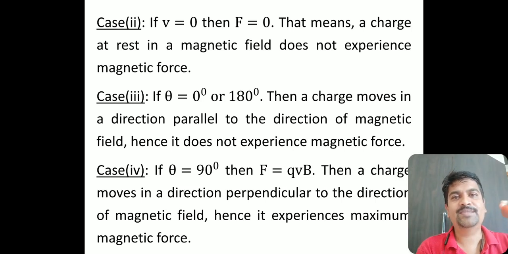This is the maximum force a charged particle can experience if it moves perpendicular to the direction of magnetic field. Right. So these are some of the different cases I discussed, looking at the force experienced by a charged particle.